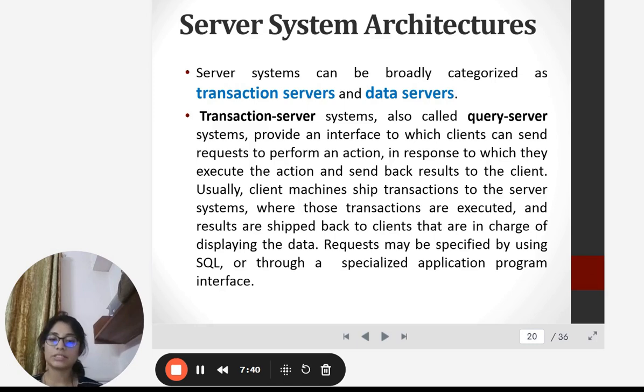Usually, the client machine ships transactions to the server system where those transactions are executed and results are shipped back to the client that is in charge of displaying the data. Requests may be specified by using SQL or through a specialized application program interface.